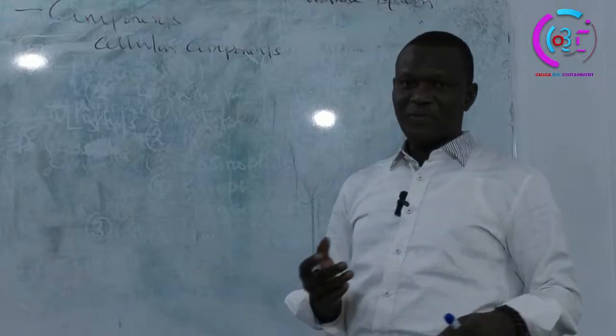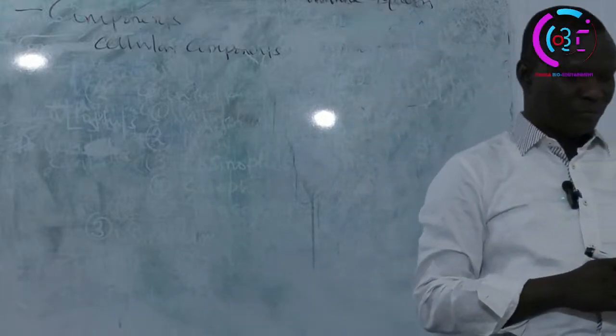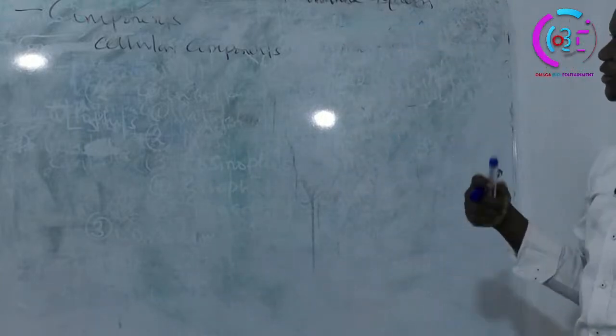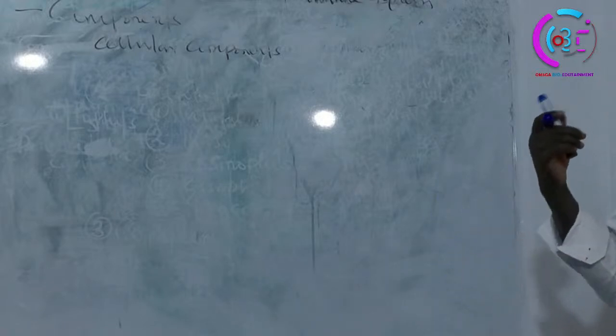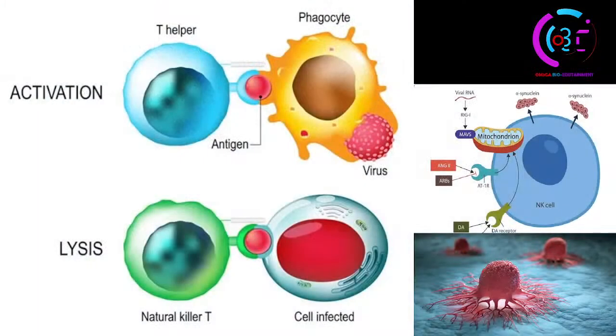We have just mentioned seven: the natural killer cells, eosinophils, basophils, macrophages, neutrophils, and dendritic cells. Okay, so we are going to start with the natural killer cells.